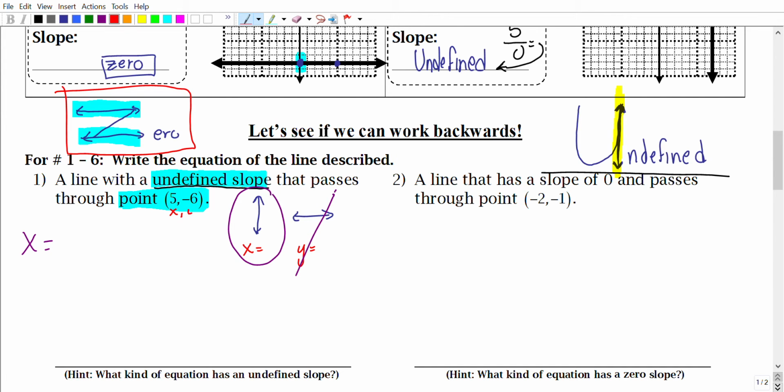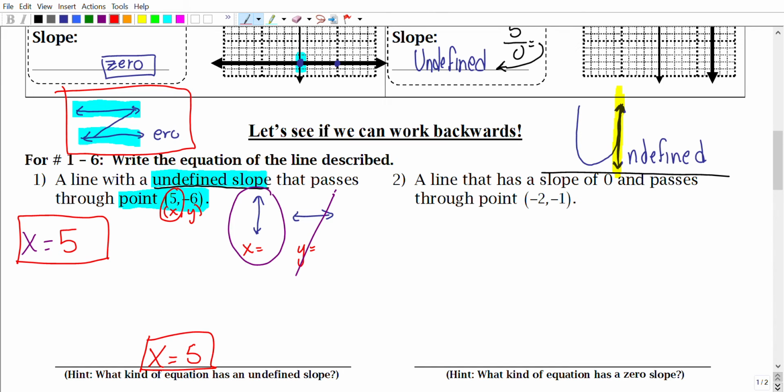Remember, this is my x coordinate, this is my y coordinate. So, what am I interested in? The 5 or the -6? Well, if my equation starts with x equals then I definitely need to be looking at my x coordinate. So in this case, it's x equals 5.